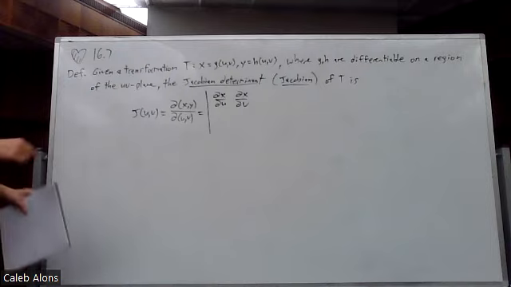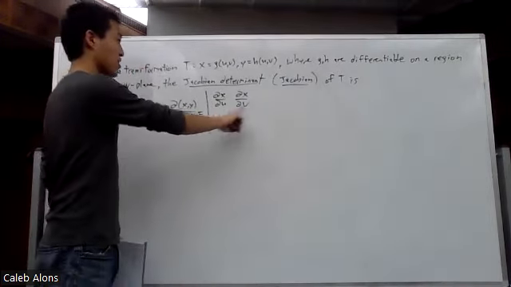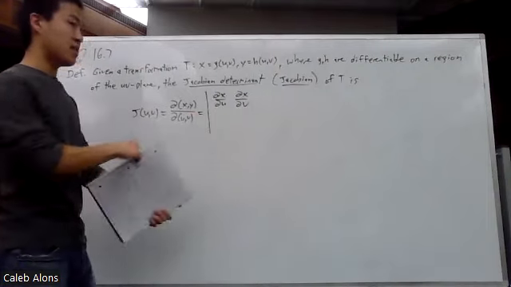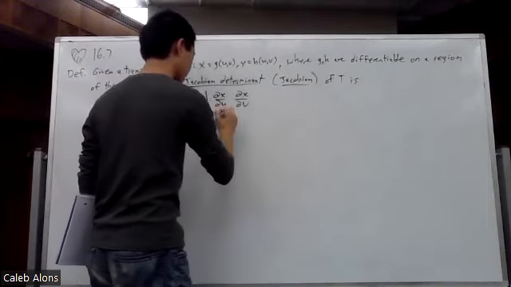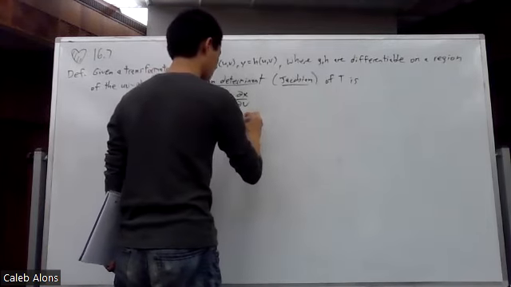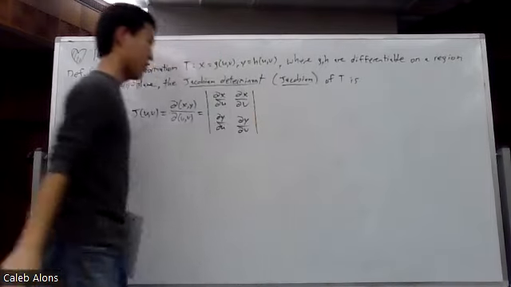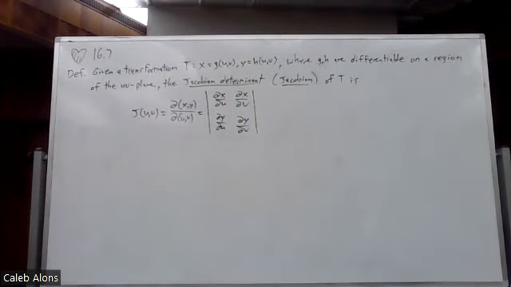And the pattern continues because now we're just going to do the y's on the next row, but the order of the u and the v is still the same. So what's going to be the bottom row here? Partial y, partial u, partial y, partial v. Boom. And I trust you know how to take a 2x2 determinant by now.